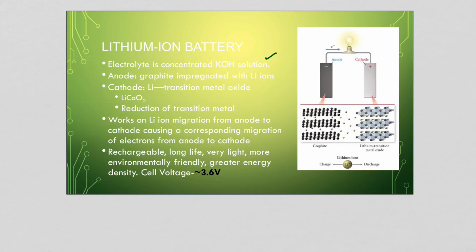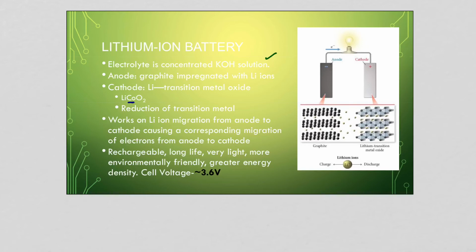These lithium +1 ions are located between the sheets of the graphite. Your cathode is a lithium transition metal oxide. It's going to be some sort of transition metal oxide with lithium incorporated, such as lithium cobalt oxide. Now, it is actually the transition metal here, like the cobalt, that undergoes the reduction.